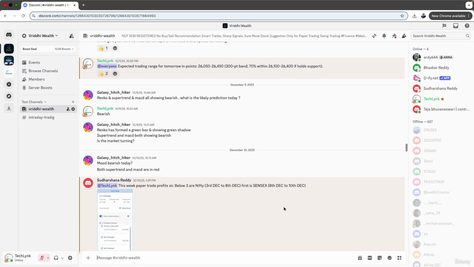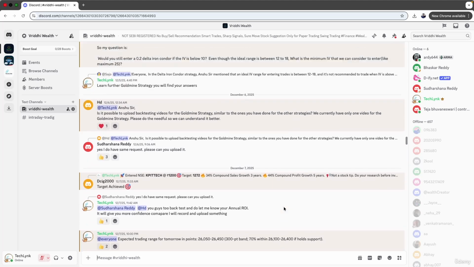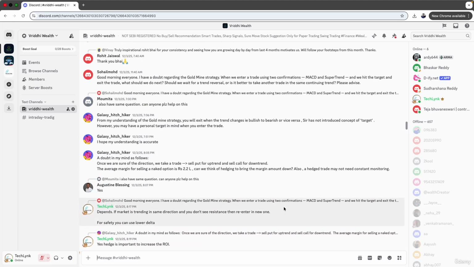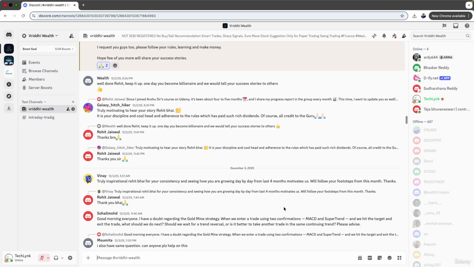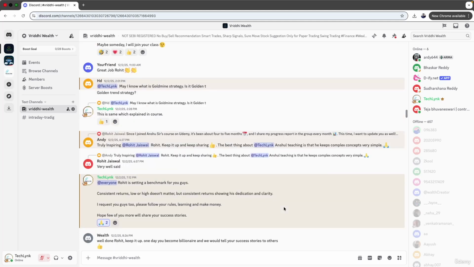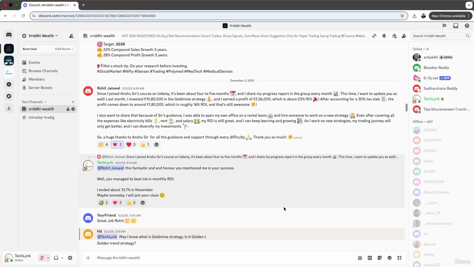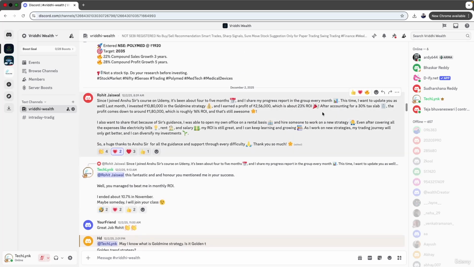People are discussing on multiple threads what they are learning and what they are not learning. People are sharing stocks and the analysis of the stocks. There is a lot of discussion happening over here, and all this discussion is very interesting and very important. You see, people are also sharing how much they are making with the methods we are explaining.